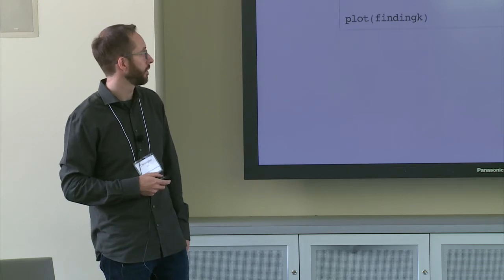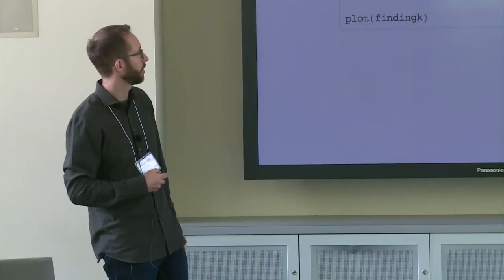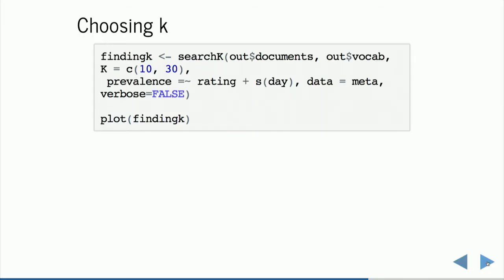Another extremely useful function from the STM package is a function called searchK. Here we can, again, specify a topic model. It looks very similar to the STM function, except here, instead of specifying a single value of K, we have specified 2 values, 10 and 30, but we could also write 10:30, and then this function would produce topic models for every value of K between 10 and 30.